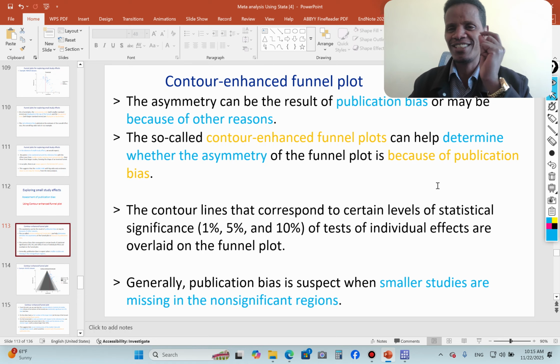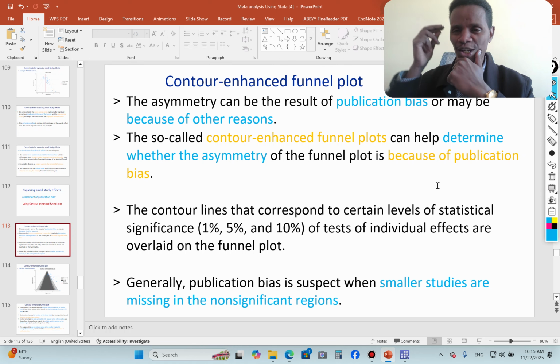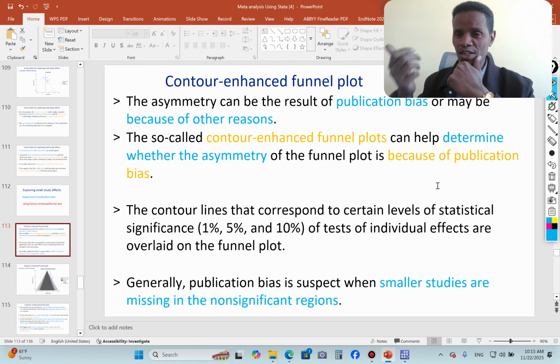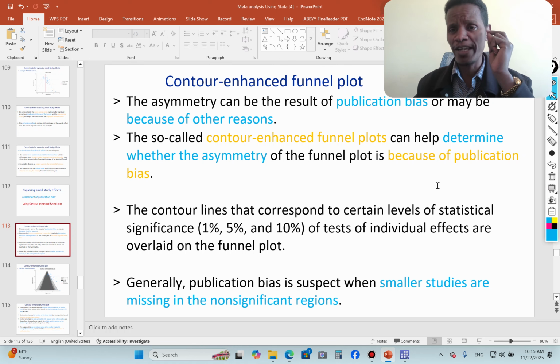So really, this contour enhanced funnel plot is very fundamental for identification of the cause of the asymmetry of the funnel plot. Is it because of publication bias or because of heterogeneity between the studies? That is really very important. The standard funnel plot only indicates whether there is asymmetry or not.